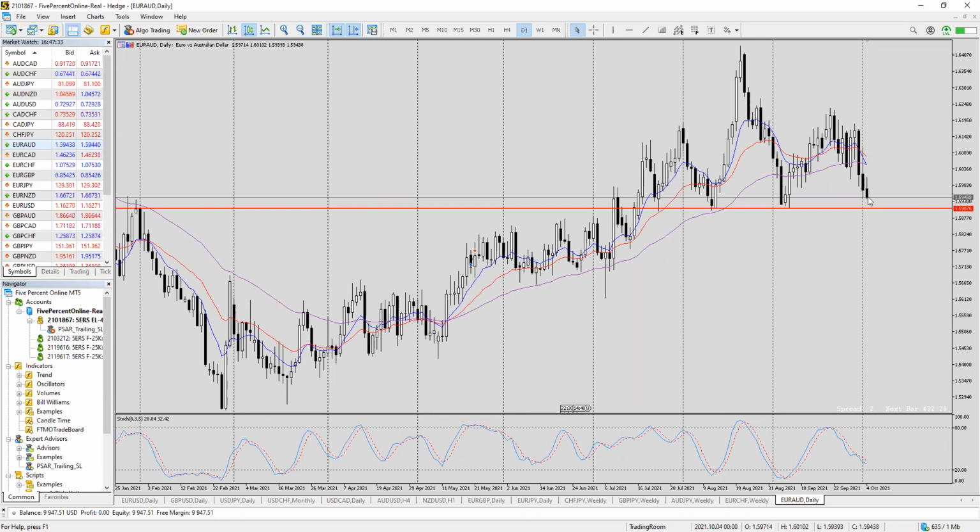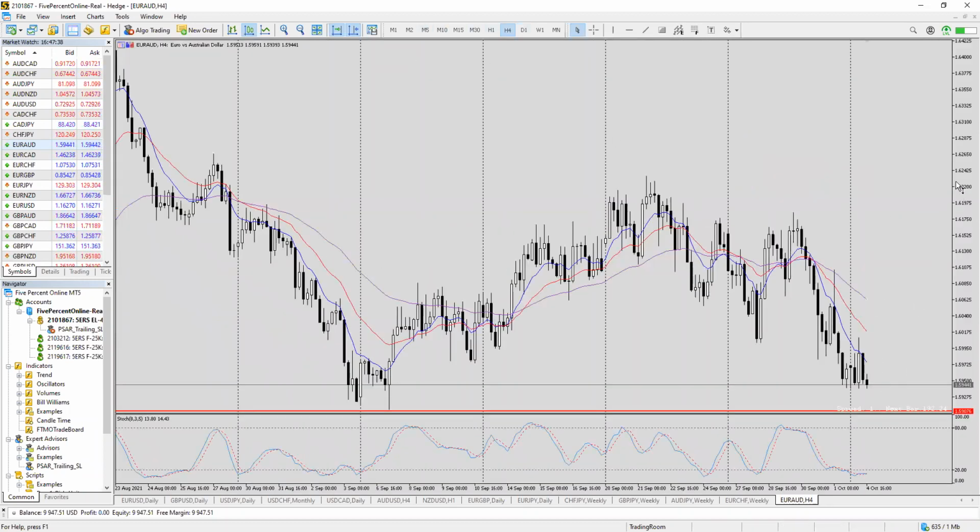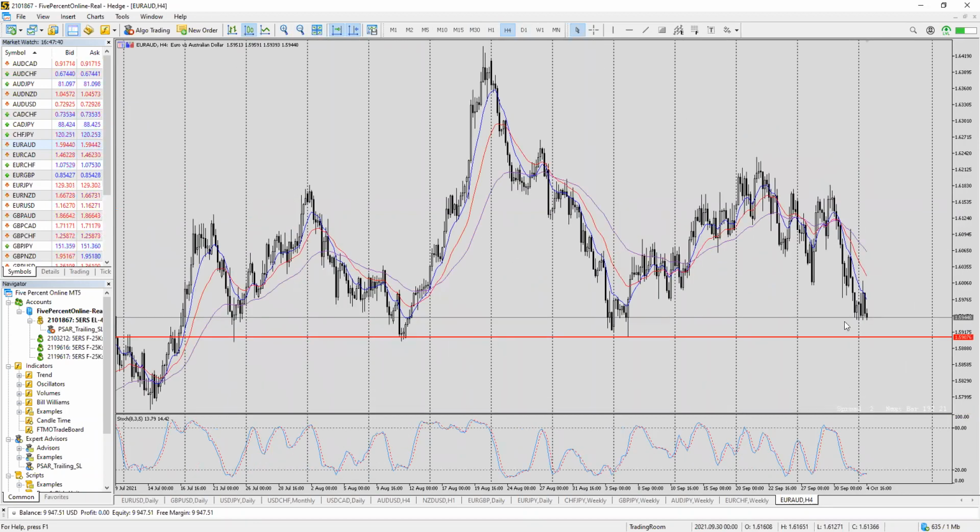If I were trading this pair, I would be waiting for a breakout below 159, maybe a small retest, and then going lower with initial targets more or less around, well, let's draw a zone.